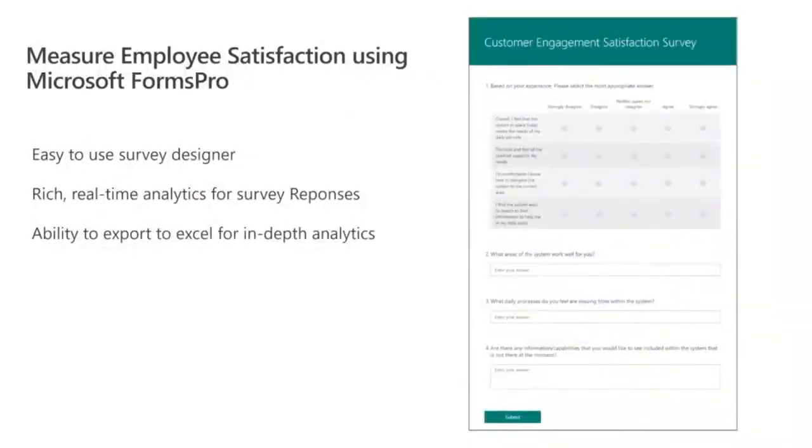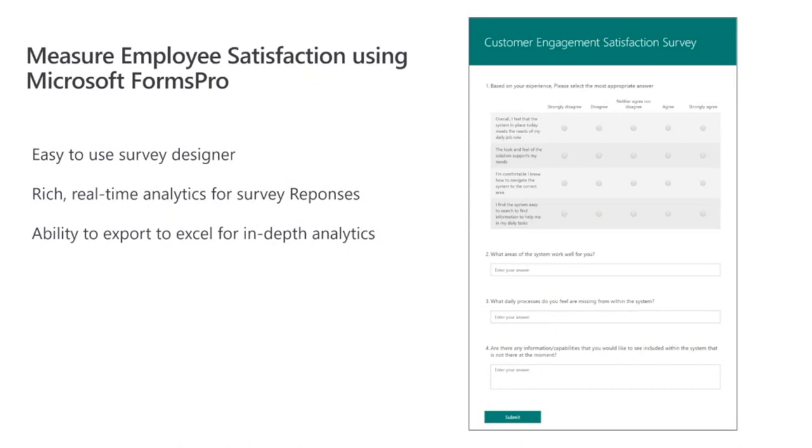This is an example of a customer engagement satisfaction survey using Microsoft Forms Pro. You can use Microsoft Forms Pro as a tool to distribute and gather surveys. It has an easy to use survey designer. It allows you to have multiple types of questions as well as branching based on the responses.